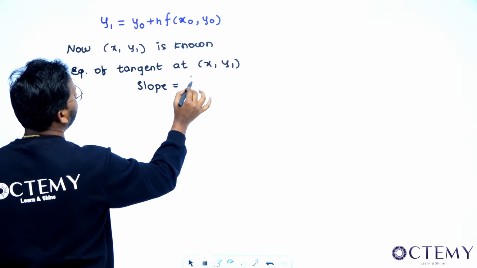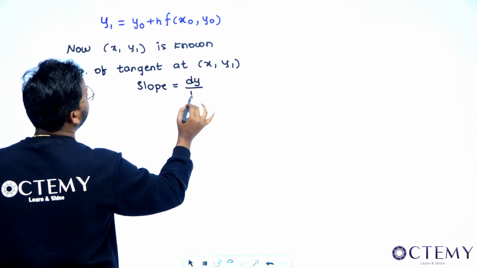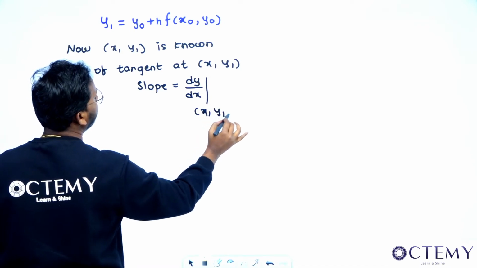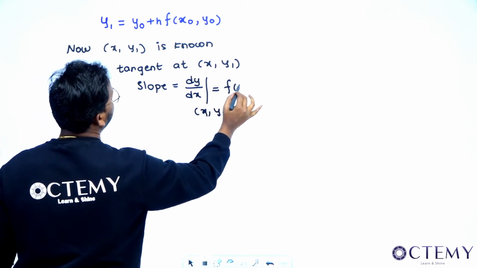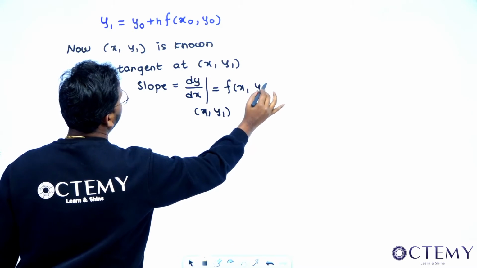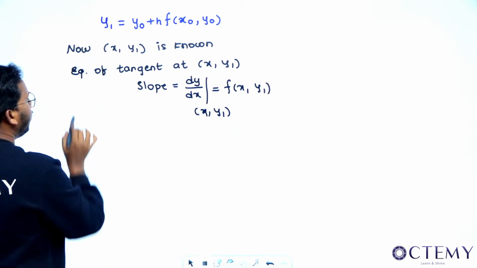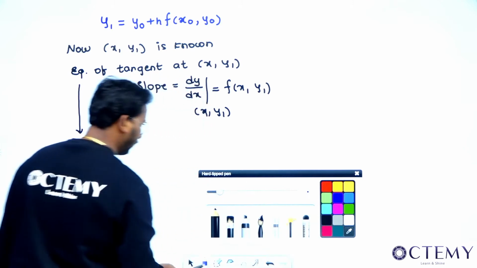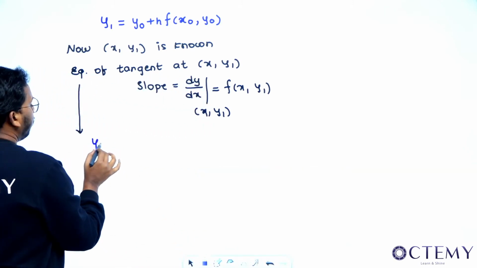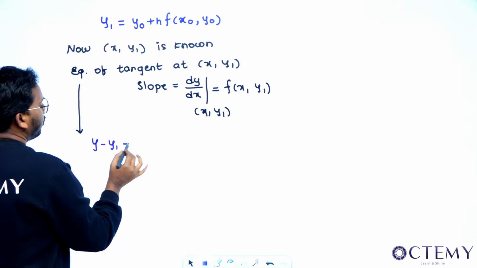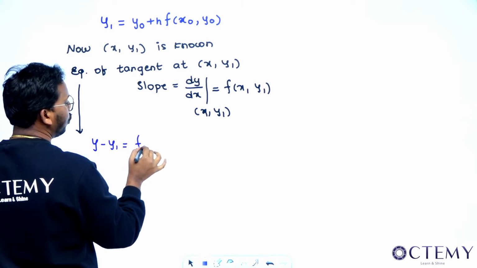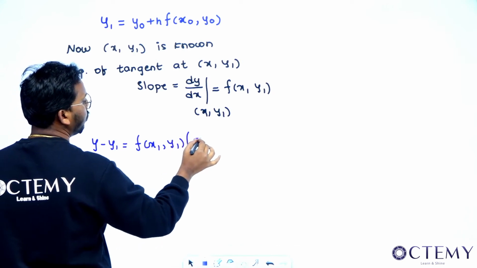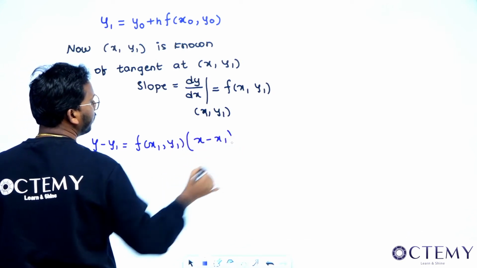The slope will be dy by dx at x1, y1. But what is dy by dx given to us? That is f(x, y). So f(x1, y1). The equation of tangent will look like this: y minus y1 is equal to m, that is the slope, f(x1, y1) into x minus x1.